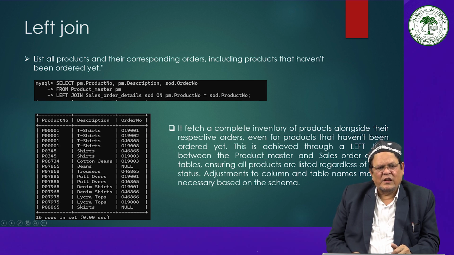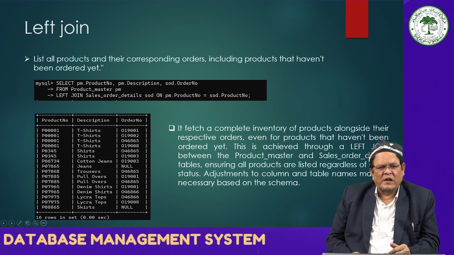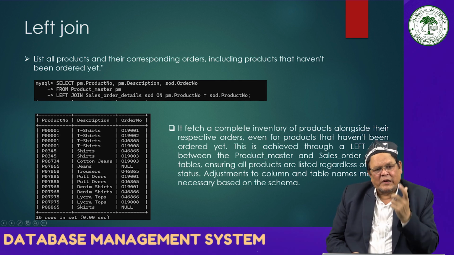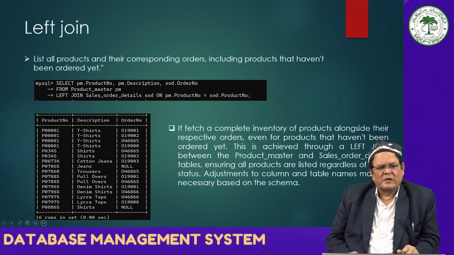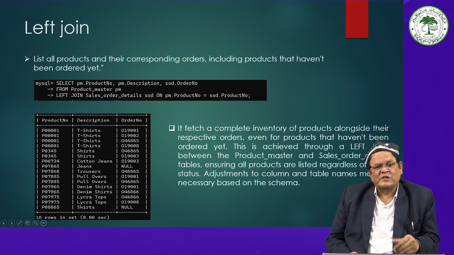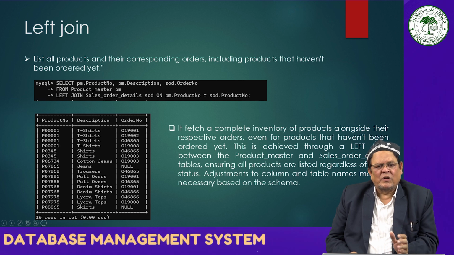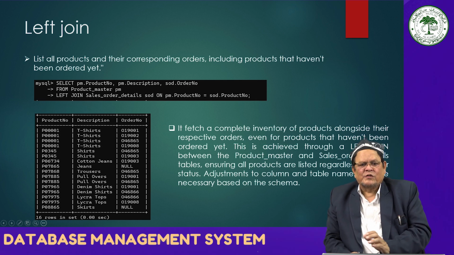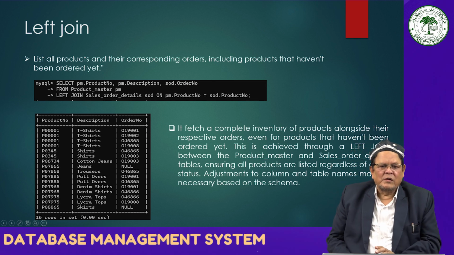In MySQL, you have to write: select PM.product_number, where PM is an abbreviation for the product master table, comma, PM.description, comma, SOD.order_number, from product_master PM, left join sales_order_details SOD on PM.product_number equal to SOD.product_number. The product number from sales order details must be equal to the product number from the product master.